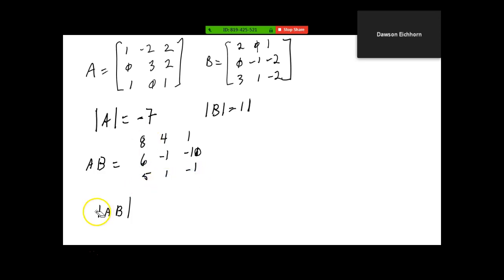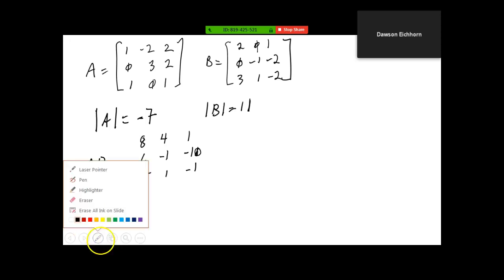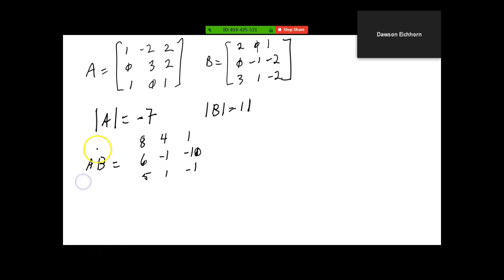Okay, so I'm just going to do the determinant here. If I could get that to erase, there we go. Okay. All right. So the determinant of AB will be, and I hope you've guessed what I'm going to do next. How do we take the determinant of a 3 by 3?